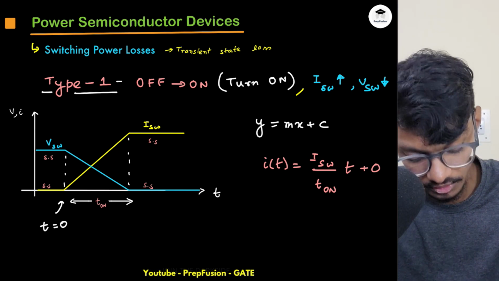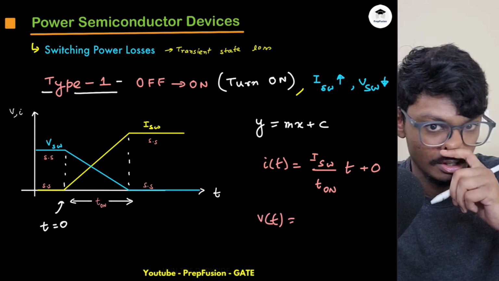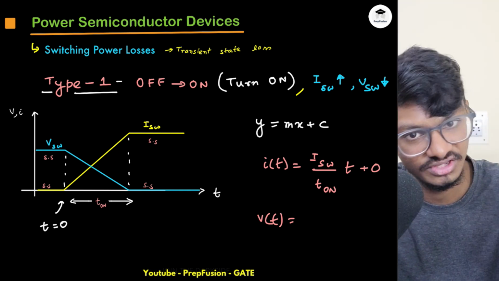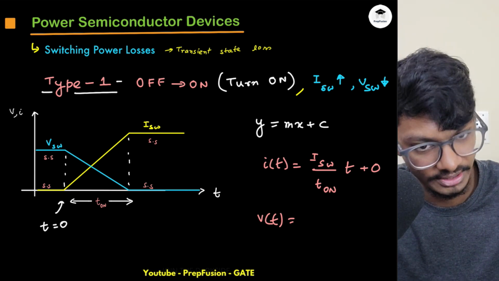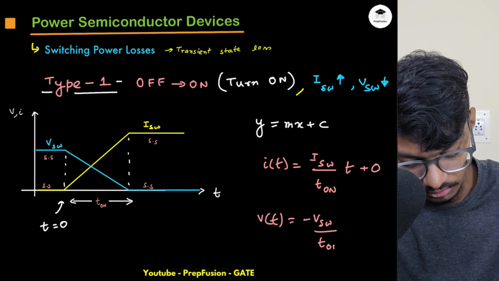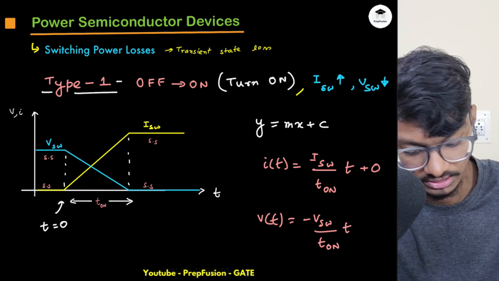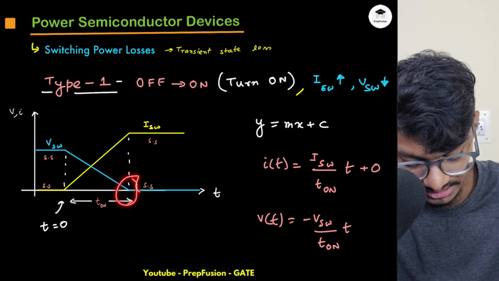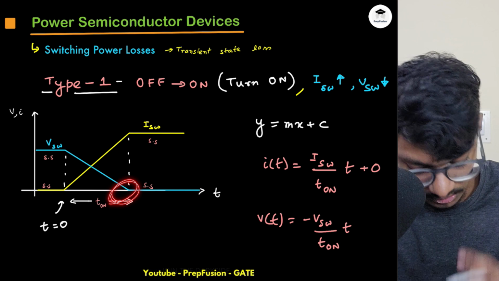What is the expression for voltage? Similarly, voltage is going from V_SW to 0. What is the change in voltage? Minus V_SW, because 0 minus V_SW is minus V_SW, since it is reducing. The slope will be negative, so it will be minus V_SW by t_on into t. And what is the x intercept this time? At t equals t_on, the value is 0.